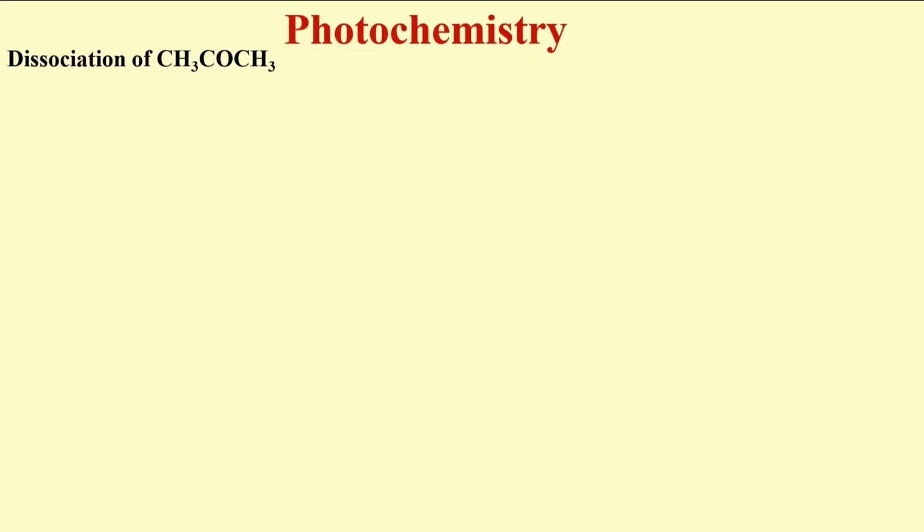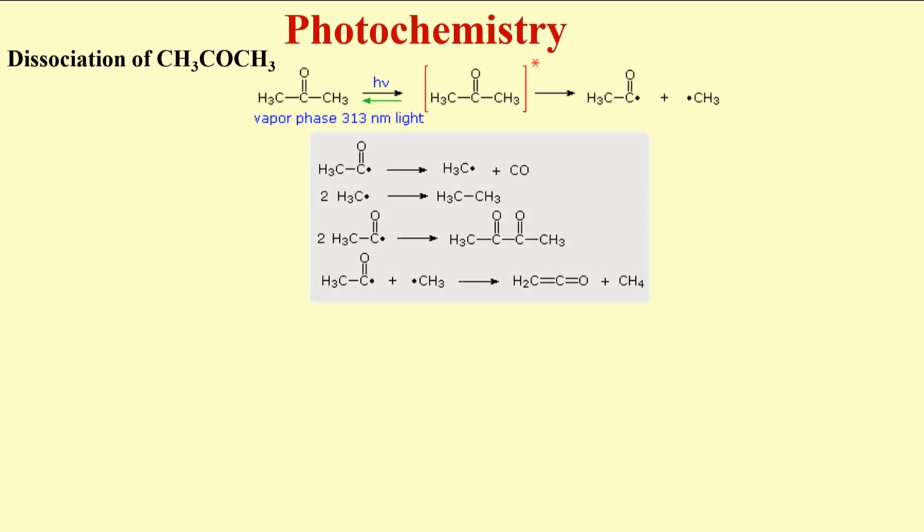The finest example for this is dissociation of acetone. Acetone in vapor phase absorbs light energy of a wavelength of 313 nanometer and it gets excited. The excited molecule dissociates into acetyl group and methyl group.